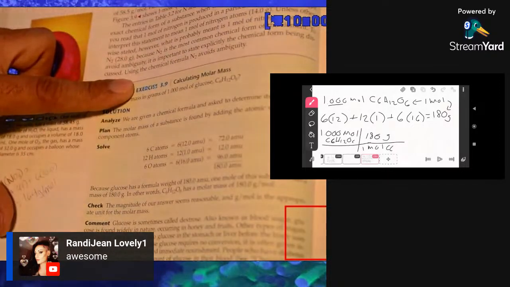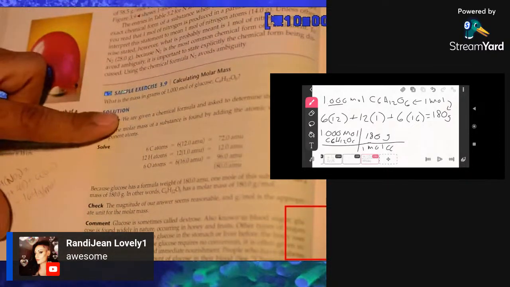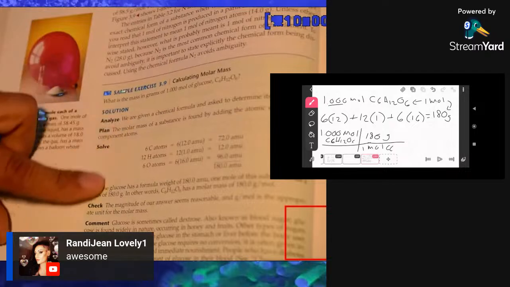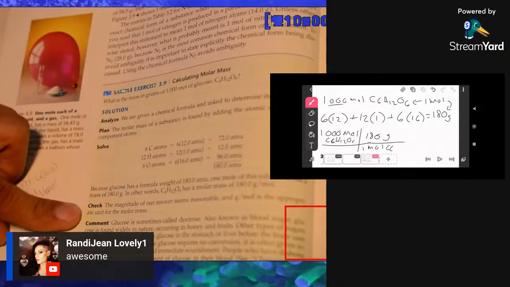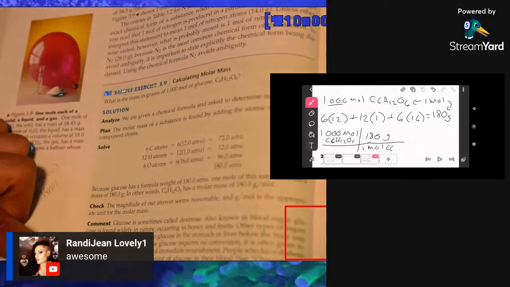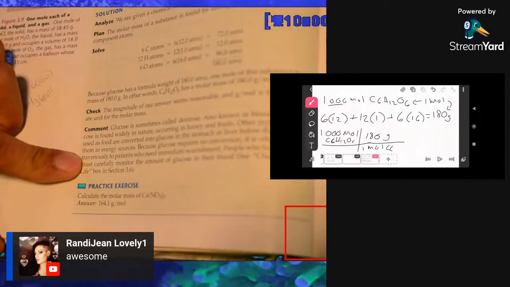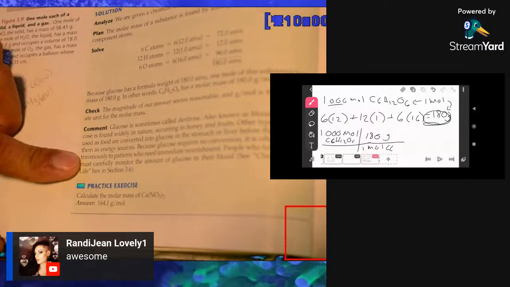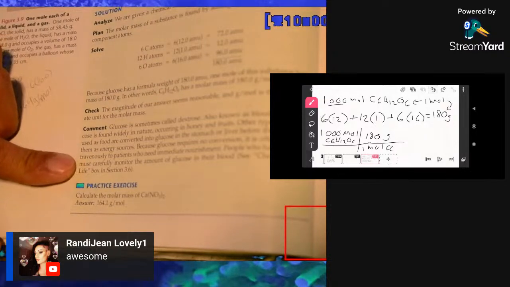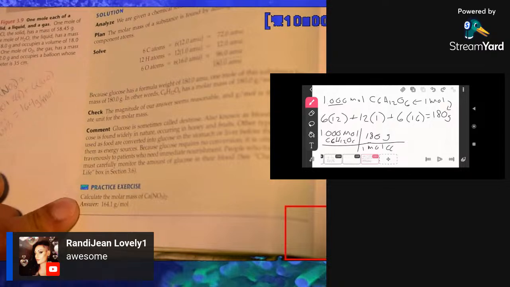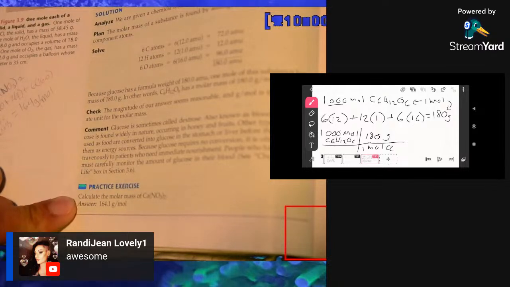I got the problems confused real quick. Oh, I got too far ahead of ourselves. They stopped right here. No wonder I was getting confused. Okay, so they just stopped right there. See that? All right, but we're going to continue reading.